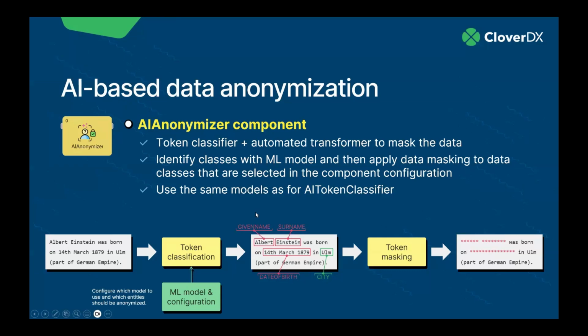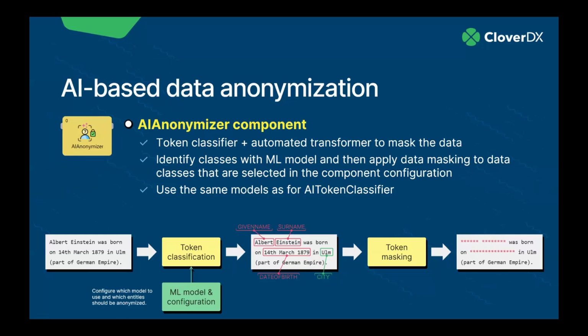For example, we have one of the models as an example that knows classes like given name, surname, date of birth, or city, and so on. You can configure some of these classes to be considered for anonymization, like in here, the red ones, like the names and date of birth, and some might not be considered. For example, city. I don't mind that someone was born in Ulm. It's not that small of a city, so it doesn't add too much. And then the component will run token masking, producing something like this in the end.